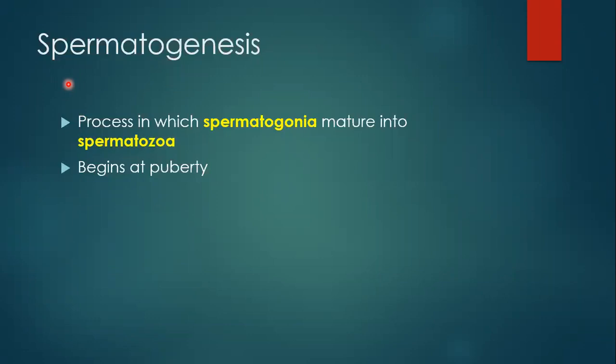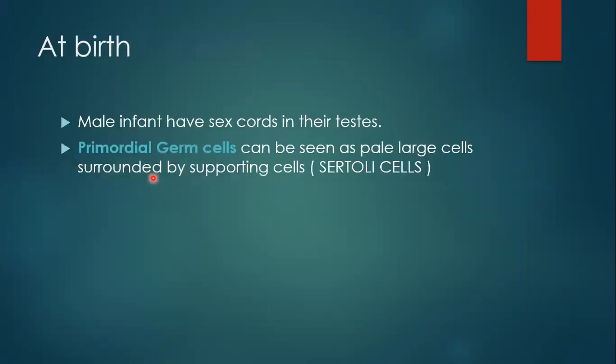Spermatozoa, or the sperms, are the male gametes, right? Unlike oogenesis, which starts before birth and continues until puberty, the process of spermatogenesis starts at puberty, right?